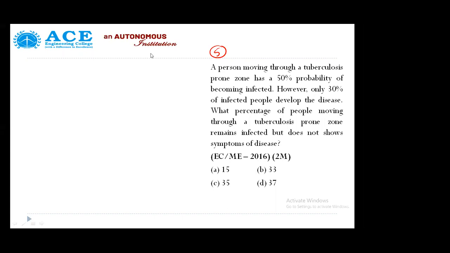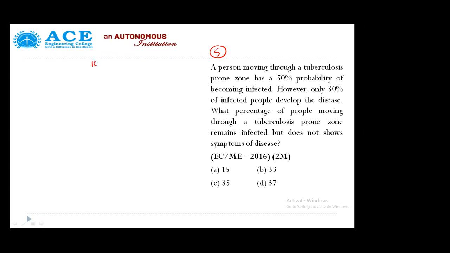Here, a person moving through, I can say a red zone or containment zone like in COVID, here a TB prone zone, has a 50% probability of becoming infected.